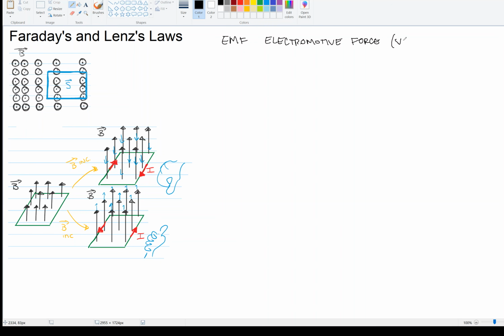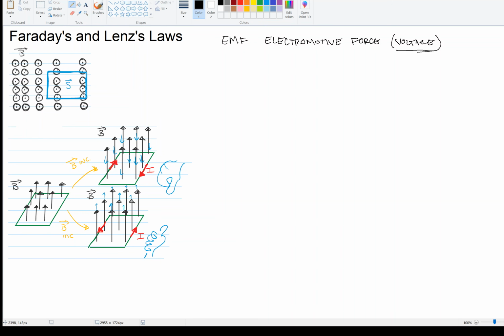Really, it's no different than if you had a battery, let's say, or an AC source. It's given a fancy name, electromotive force, just in this context of a changing magnetic field causing this voltage. So in that case, we're going to call it electromotive force, or EMF.